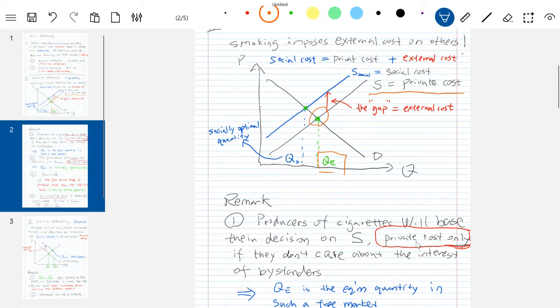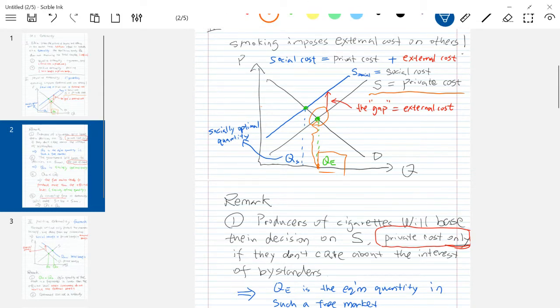Because at this level, when the market is producing QE units of cigarettes, the benefit of consuming cigarettes is depicted by the height of this green dotted line. However, the social cost of producing that very cigarette is depicted by this higher supply curve, what we call S social.